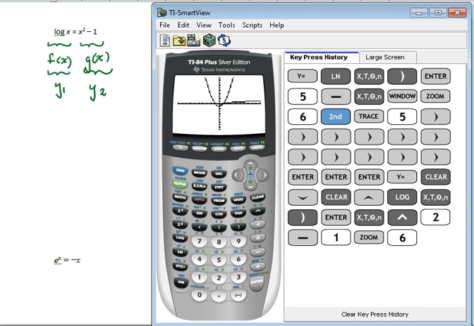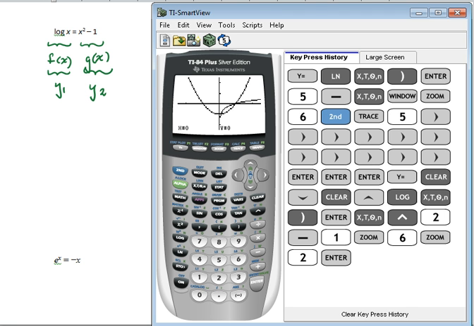Now here it's a little harder for us to see what is happening. I'm going to zoom in at the origin, and that's our default point of zooming in, so I can go zoom, 2 for in, zoom in, and enter.